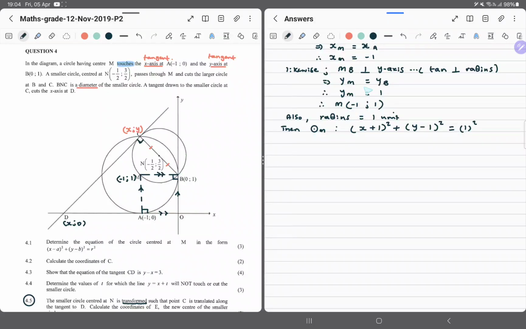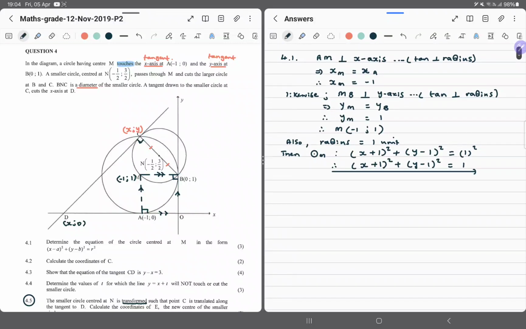So we are substituting all these little things, which gives us an equation of (x + 1)² + (y - 1)² = 1. Of course, you could just jump into this as the final answer.